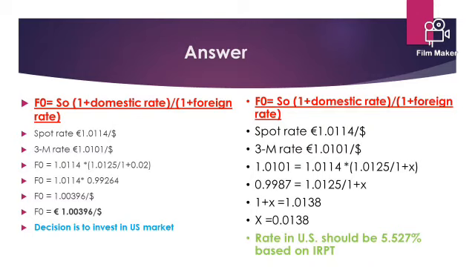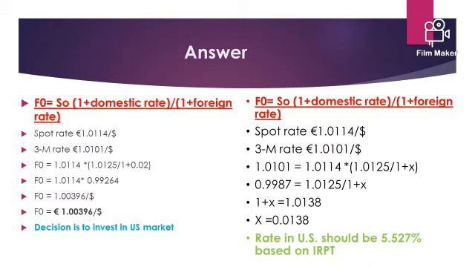So the forward rate equals the spot rate 1.0114 into 1 plus domestic, that is 1.0125, divided by 1 plus foreign, 1.02. By calculating this, the theoretical value of forward is, after 3 months $1 should be available at 1.00396, but in actual the bank is providing us at 1.0101.